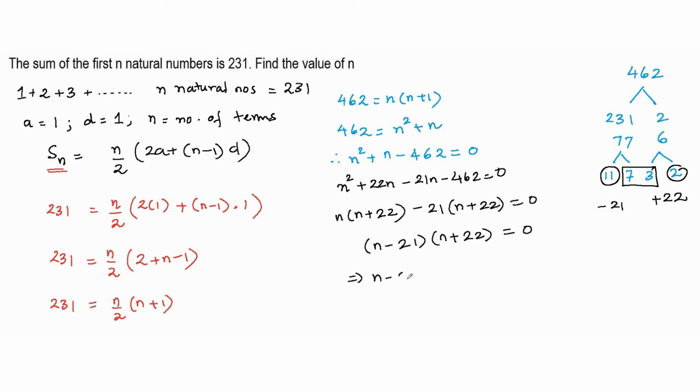This implies either n - 21 is 0 or n + 22 is equal to 0, and therefore n is either 21 or n is -22. Now n cannot be negative here, you cannot have a negative number of natural numbers, and therefore n = 21 is the valid answer, right? Therefore the value of n is positive 21.